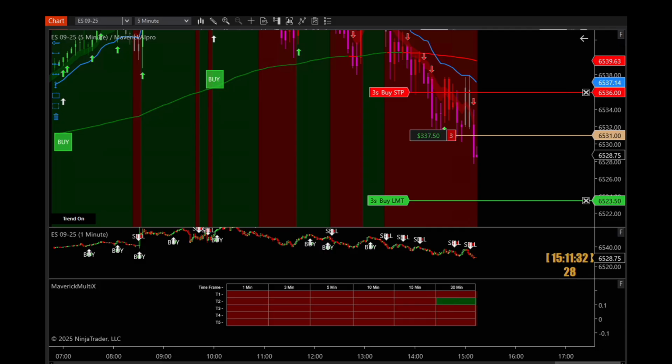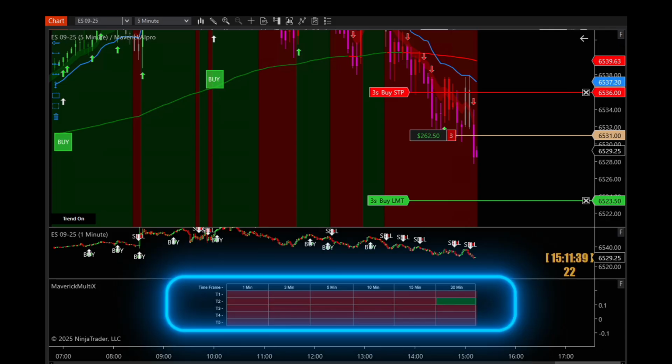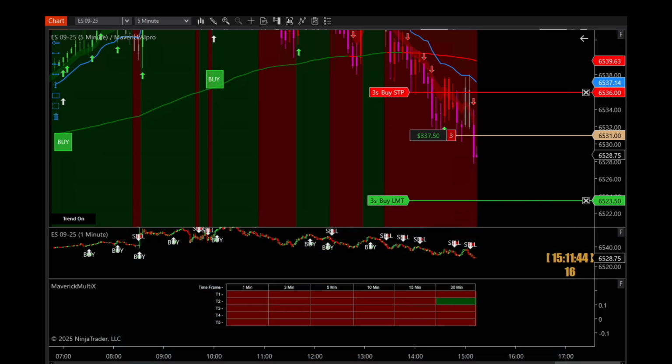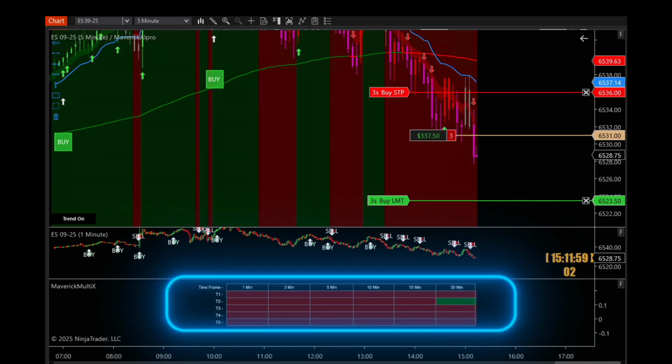I love pink candles. The second reason we're in this trade is the Maverick Multi-X, this indicator down here. Instead of having 6 charts on your screen, instead of having 6 monitors on your desk, imagine if we could take all 6 time frames and put them into one small indicator at the bottom of your screen.